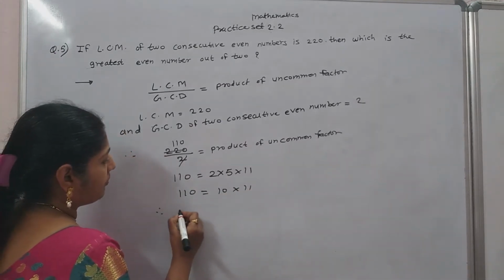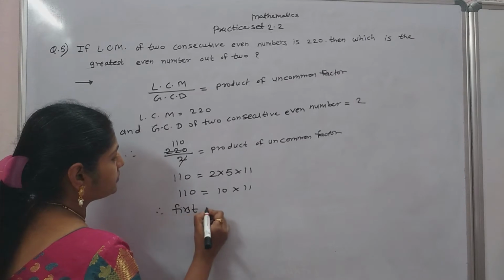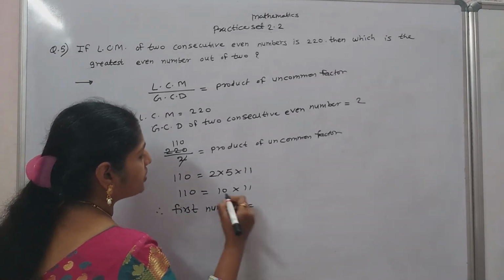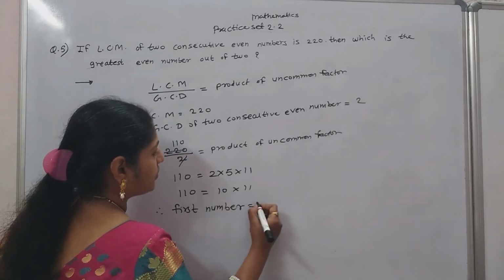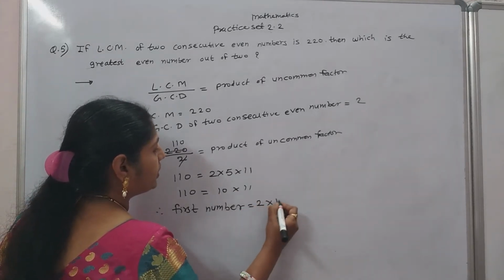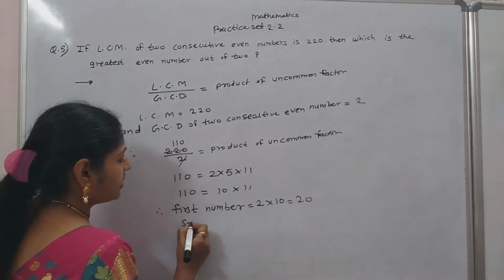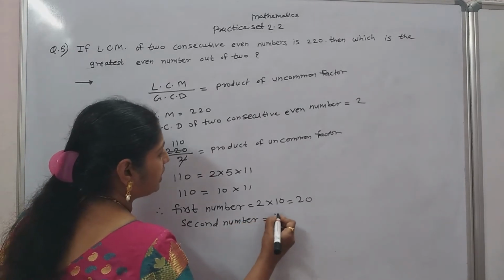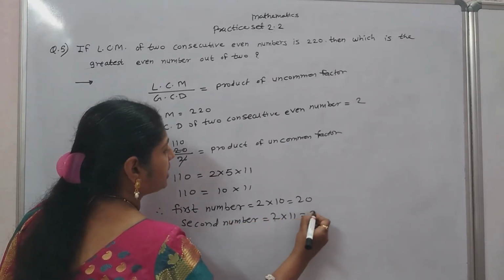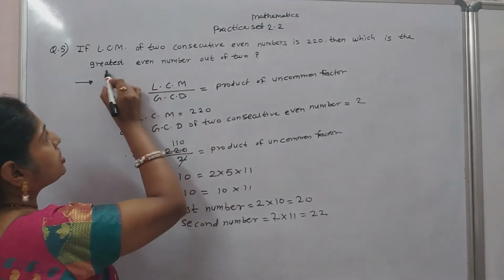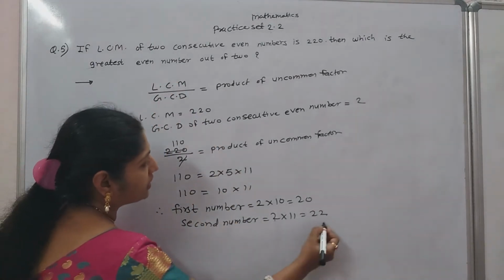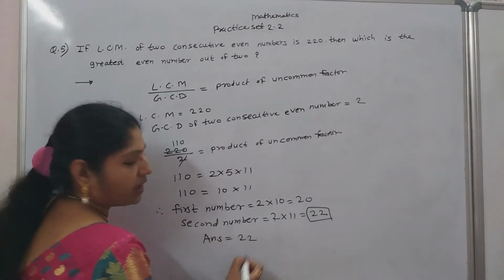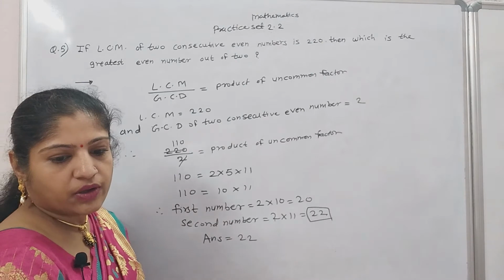The first number equals GCD into 10, that is 2 into 10, 20, and the second number is 2 into 11, that is 22. What is the question? The greatest even number out of the two is 22. So our answer is 22, and this is option number 1.